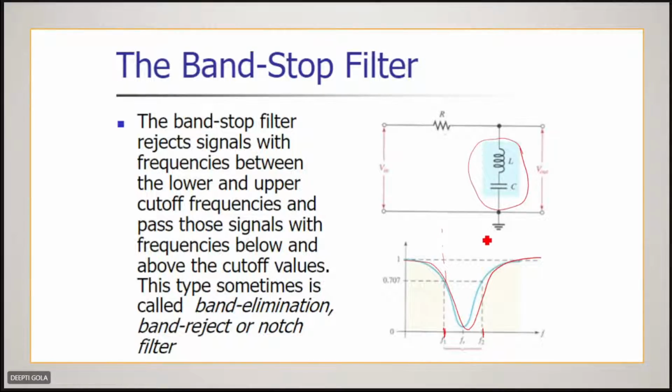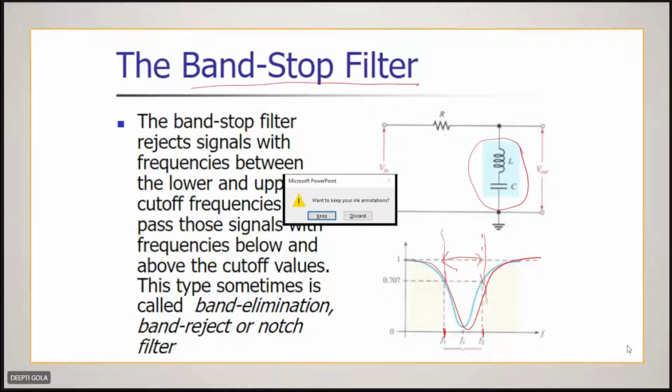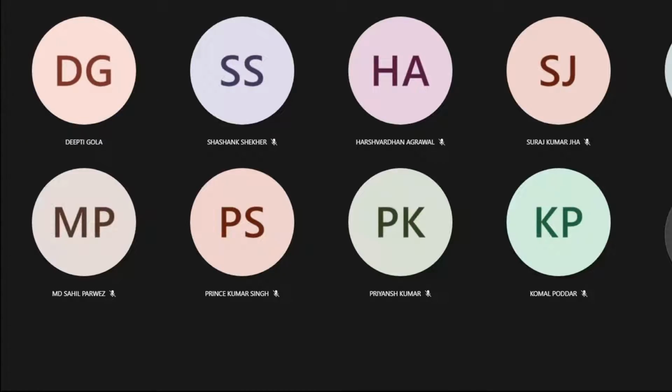We will not get the output within this range of frequencies. So this is known as a band stop filter. This band of frequencies will not pass from input to output. So these are the two applications of the series RLC circuit.